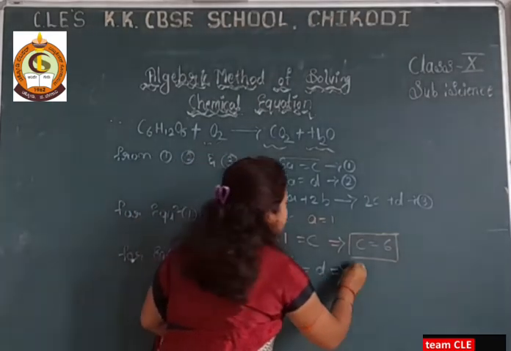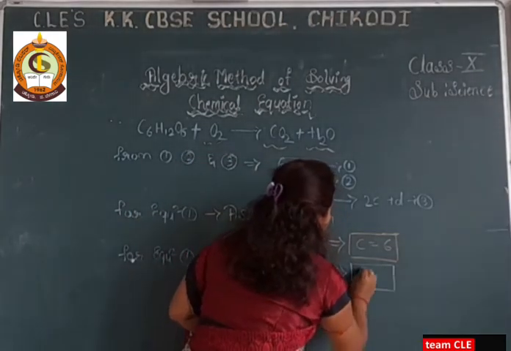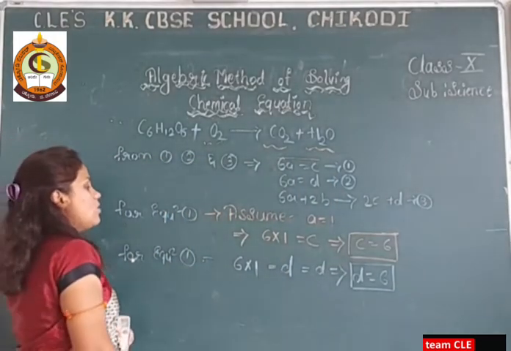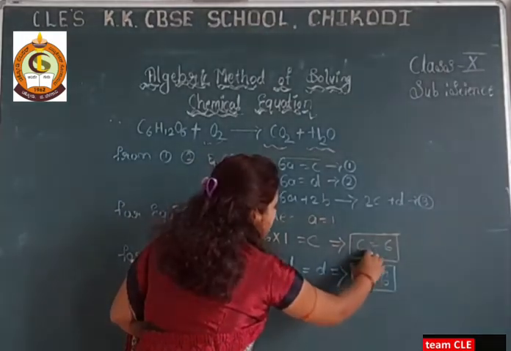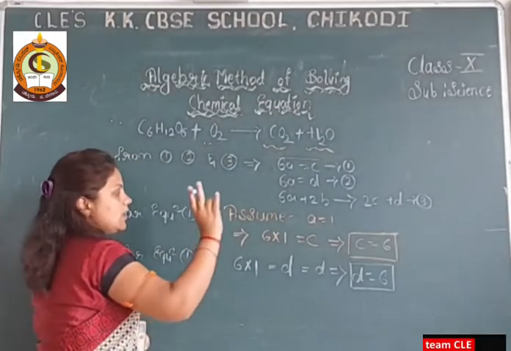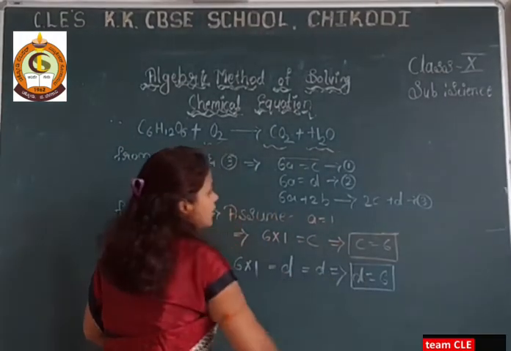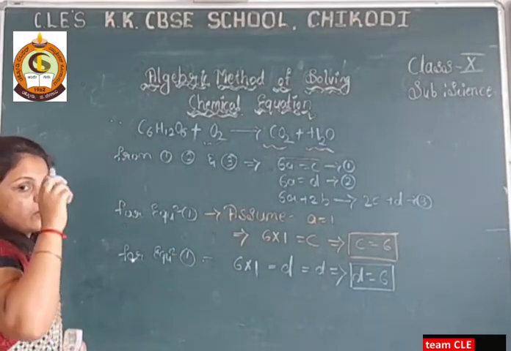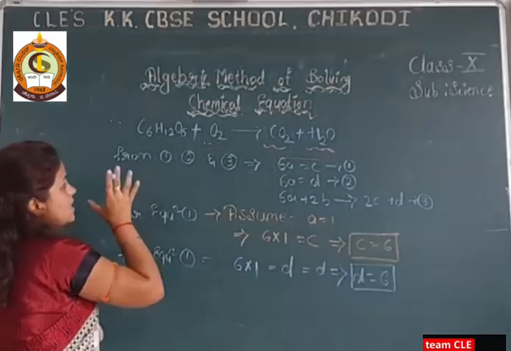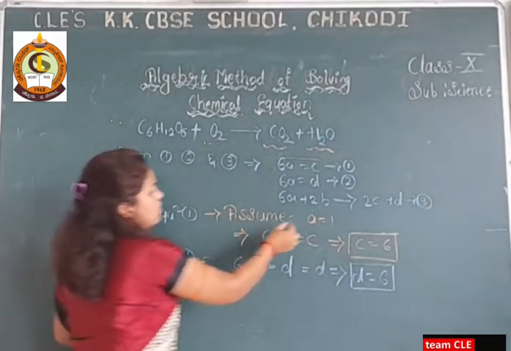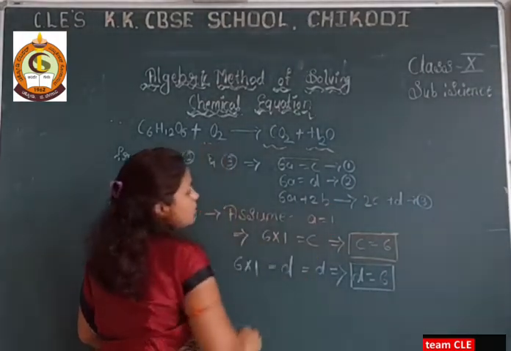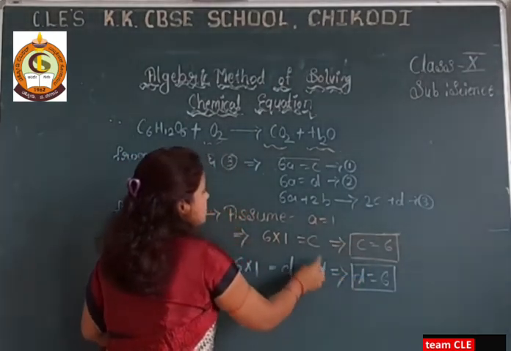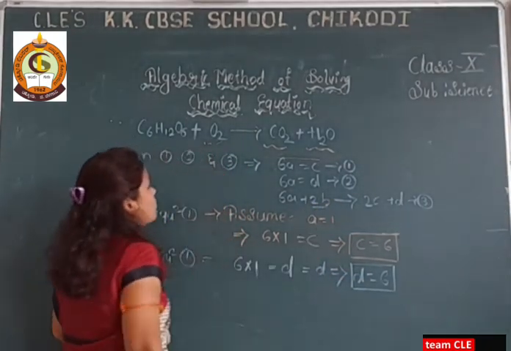D is also 6 itself. Now take help of these values. Now you have A, C and D, so go for the B, because only this we have to find.